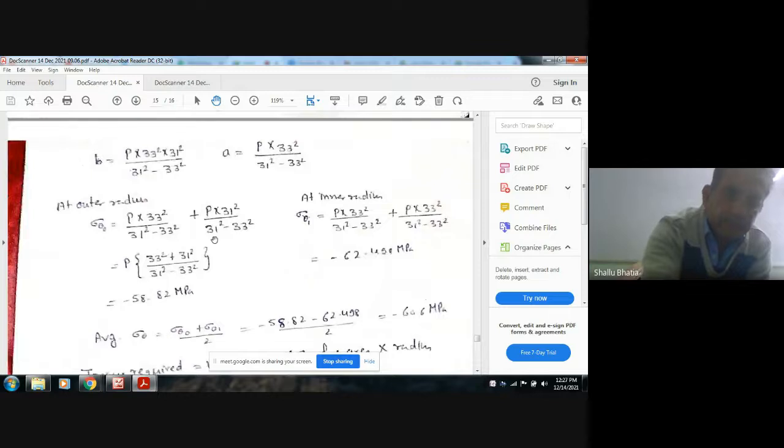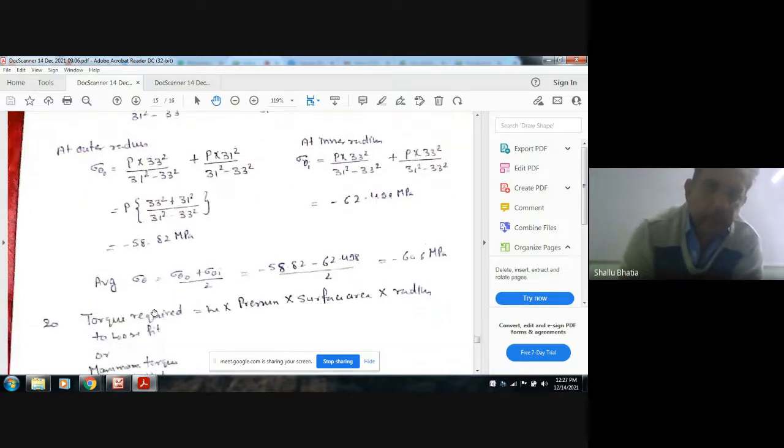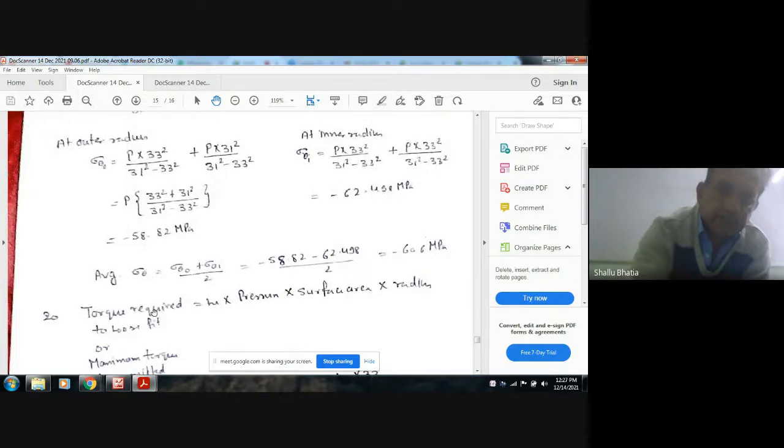For outer radius it is 33, so it will be 33 square, and for inner radius it is 31, so it will be 31 square. So at outer radius the hoop stress will be 58.82, and at inner radius it will be minus 62.498.